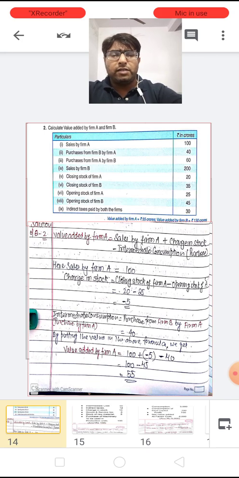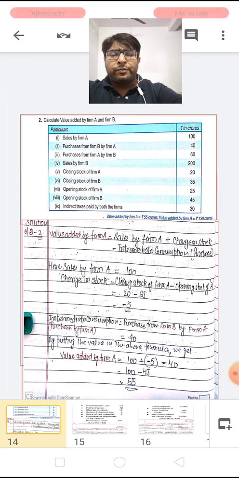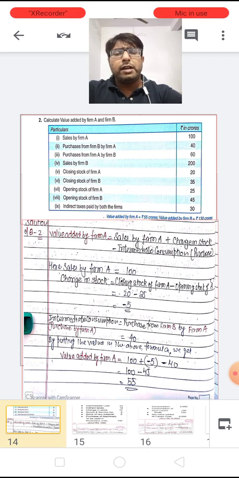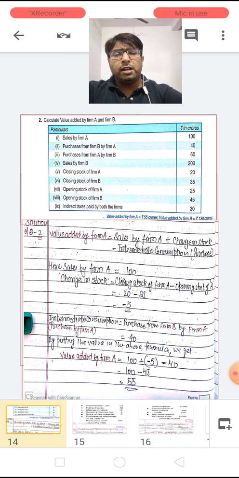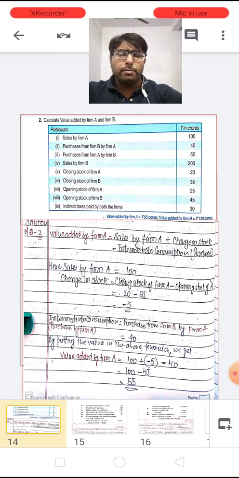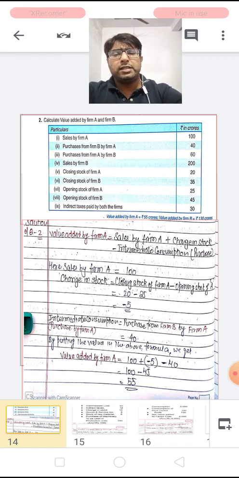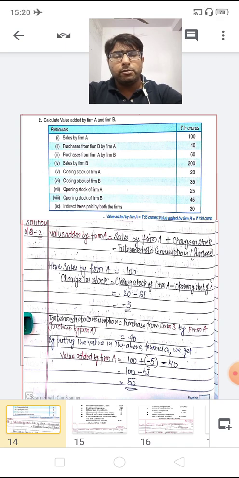Children, I have taken one numerical example here. Calculate value added by firm A and by firm B. Here I am calculating the value added by firm A; you can easily find out the value added by firm B. The question says that sales by firm A is rupees 100, purchase from firm B by firm A is 40.